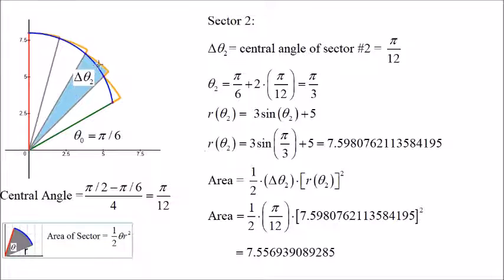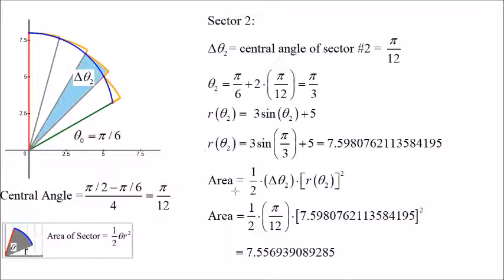And to calculate the radius for sector number 2, we can use the angle from here to here, or the angle from here to here. And so we choose to use the angle from here to here, which is pi over 3. And so the radius for sector number 2 would be 3 sine of pi over 3 plus 5, which is about 7.59.